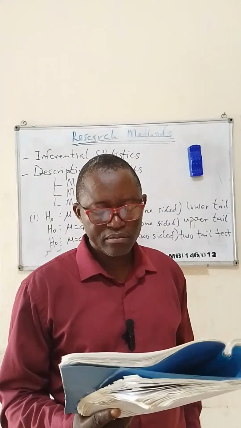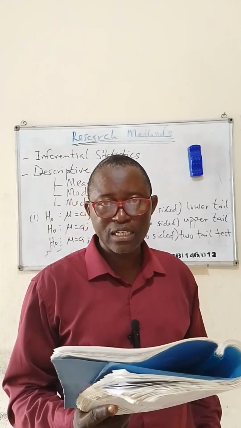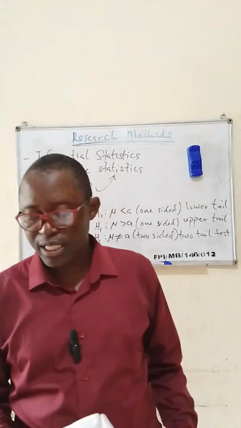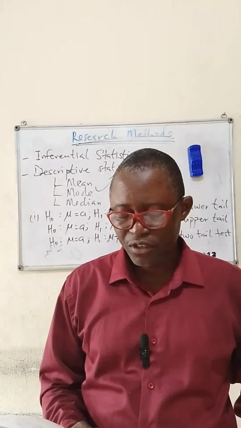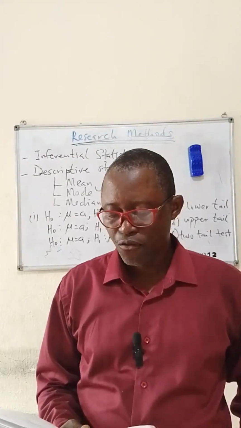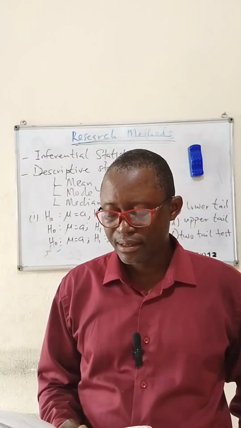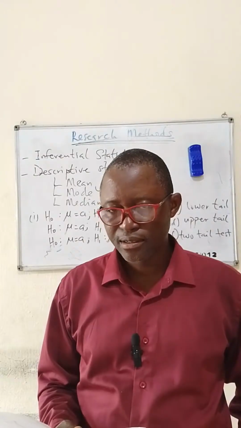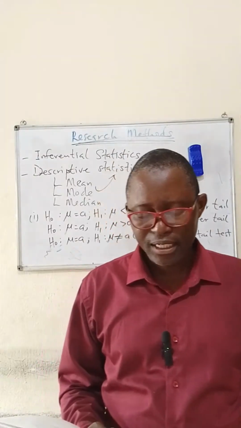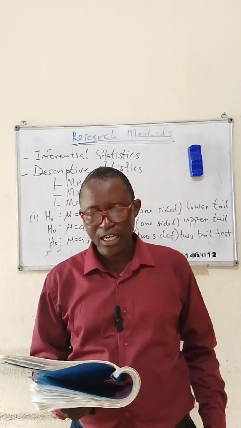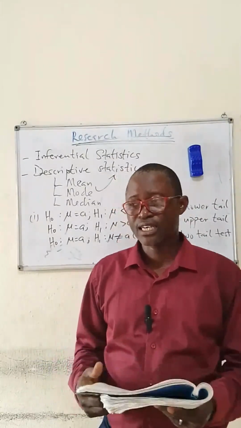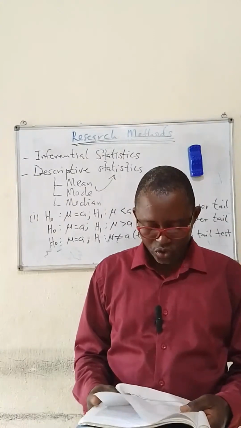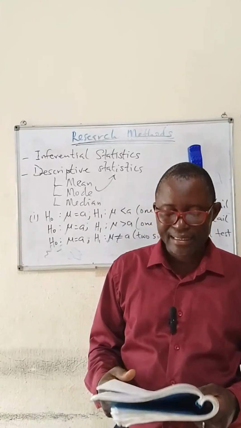To test this claim, the new therapy is tried on 70 patients. And from the data of their time to recovery, the sample mean and standard deviation are found to be 14.6 and 3.0 days, respectively. Test the claim using a 5% level of significance. That is the worked example that we want to take first, and we are going to use a Z-test.